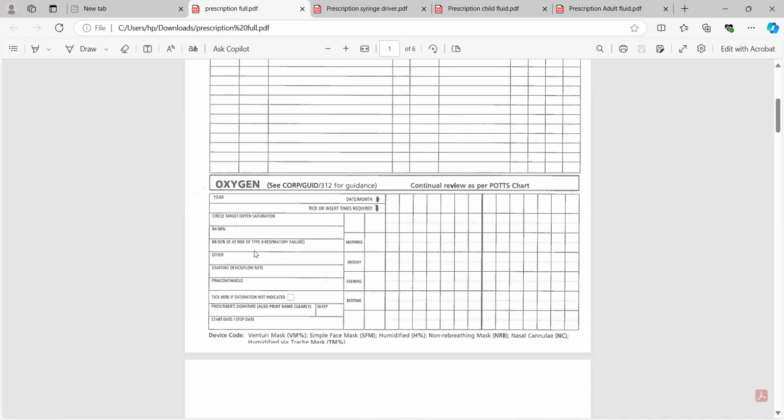If other, for example nasal prongs, you have to write nasal prongs over here. If it is BD, morning and evening, or TDS, you have to encircle these three things. Then your name, bleep, and starting date and stopping date, you have to write over here.